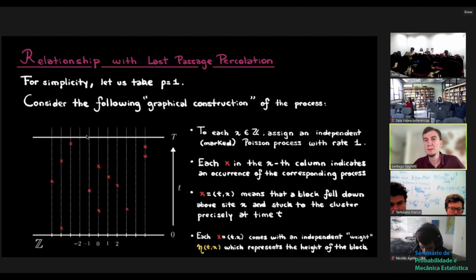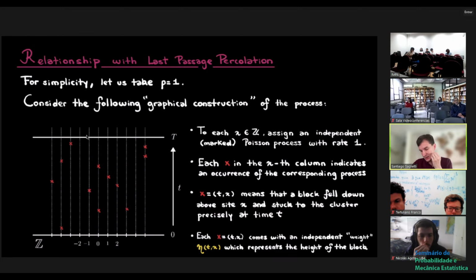What it means is that at that particular time, a block tried to fall down on top of 0. So basically, the red cross at (t, x) means that the block fell down above site x and stuck to the cluster of blocks precisely at time t. So this is telling me when and where the blocks fell.